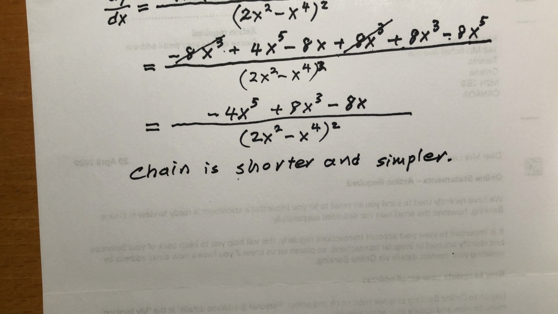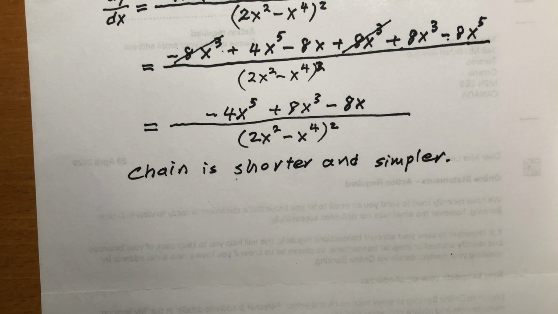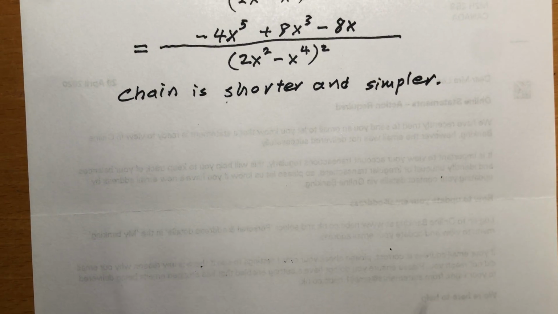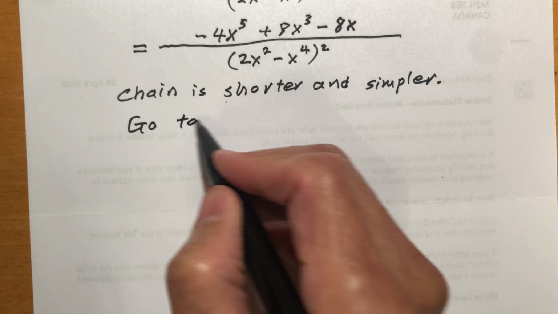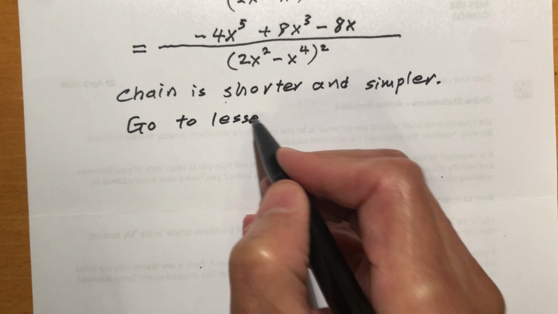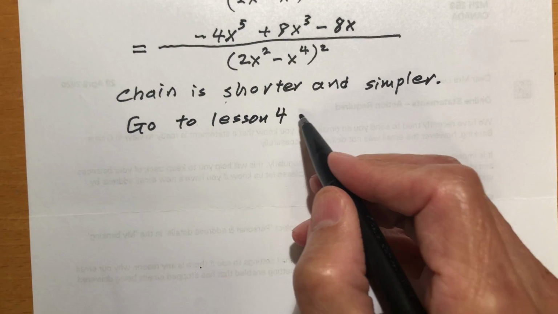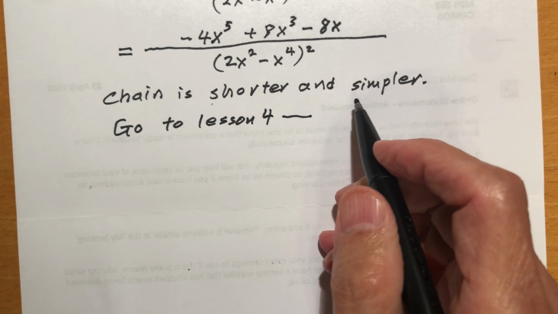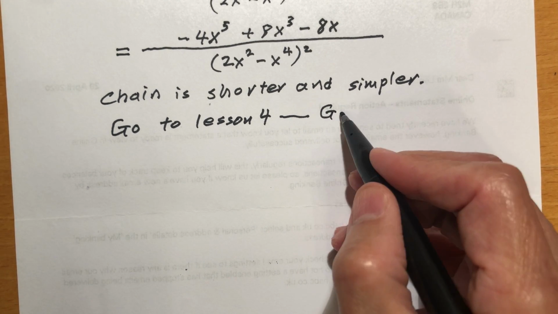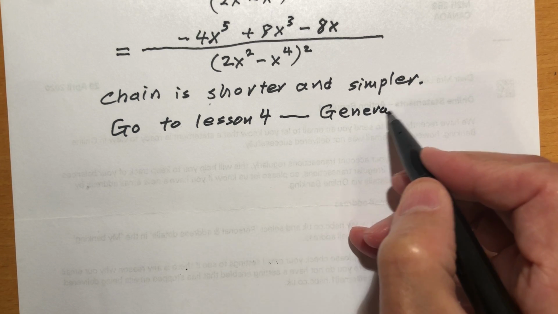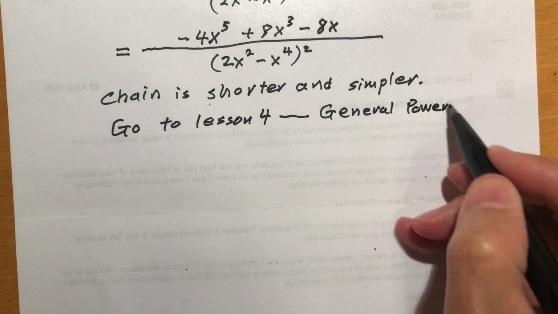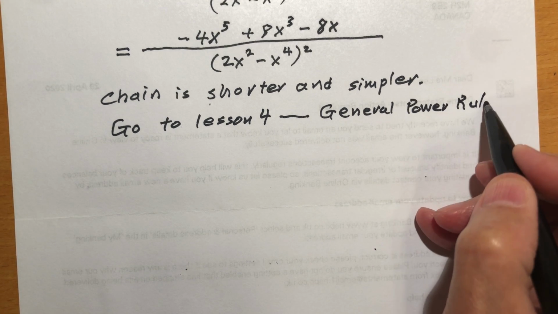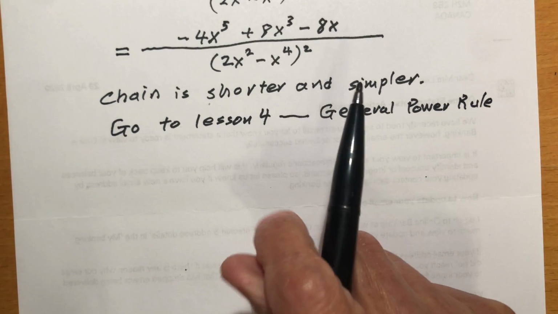I need to discuss something here. The chain rule. We need to go back to lesson 4. Lesson 4 is about general power rule.